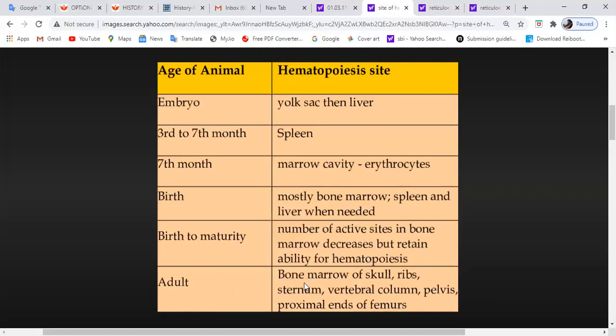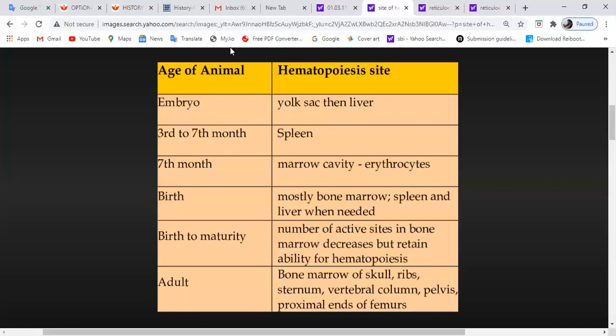In adults, the bone marrow of the skull, ribs, sternum, vertebral column, and pelvis, these long bones having bone marrow are the major sites in adults for producing the different types of blood cells.